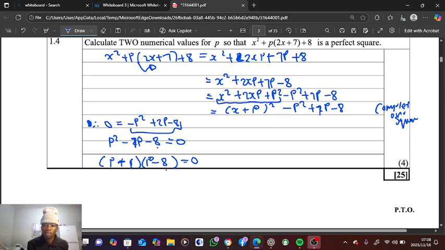My handwriting is not that good. So we know that 1 minus 8 is going to be what? Negative 7. Then we see that the two brackets are multiplying each other. We can simply equate this bracket to 0 and this bracket to 0. So p is equal to negative 1 or p is equal to 8.